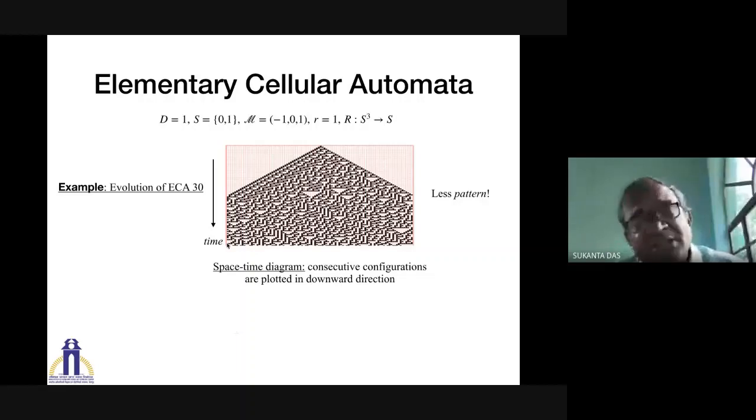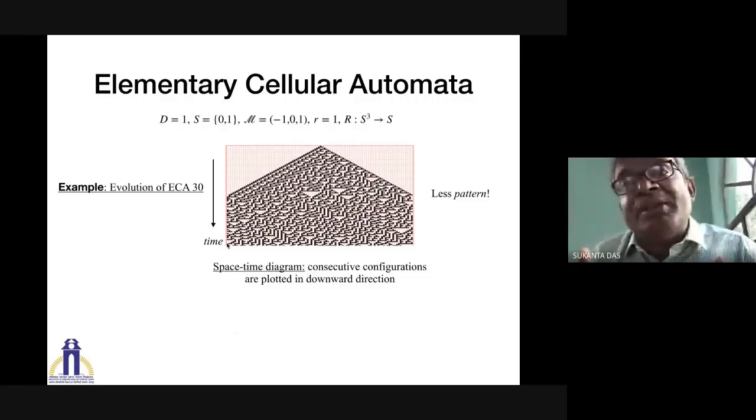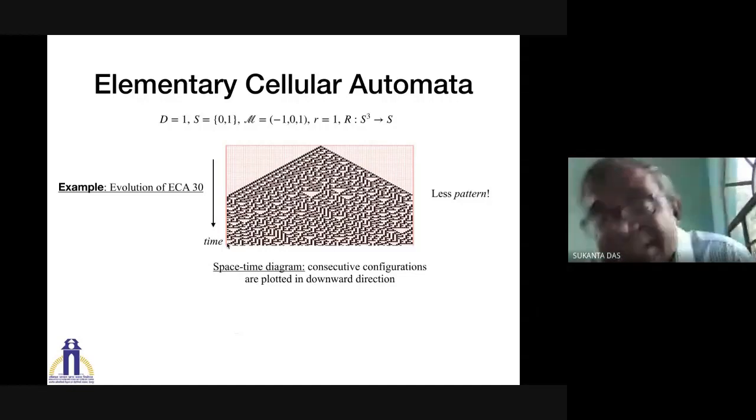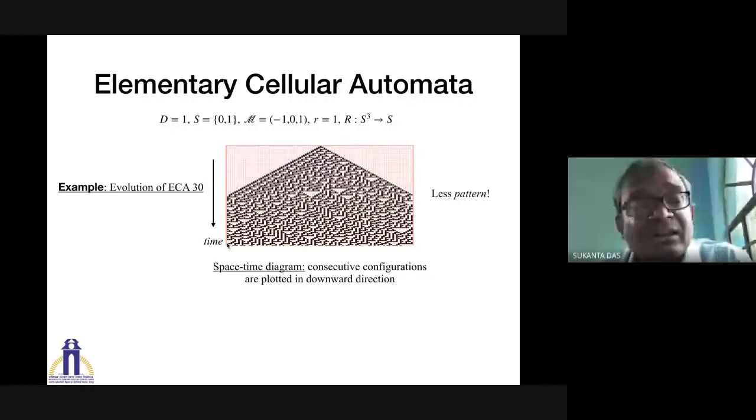Theoretically, the space-time diagram for a d-dimensional CA is a d+1 dimensional diagram, because for d dimensions we need space, and time is another dimension. But practically, in most of the cases, we use the space-time diagram for 1D CA.